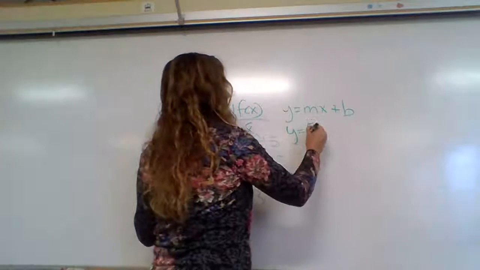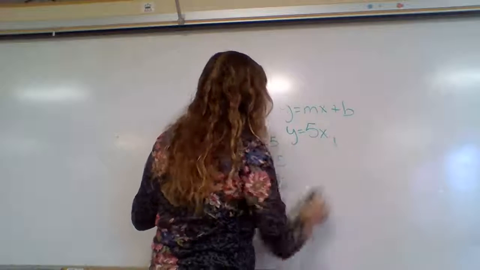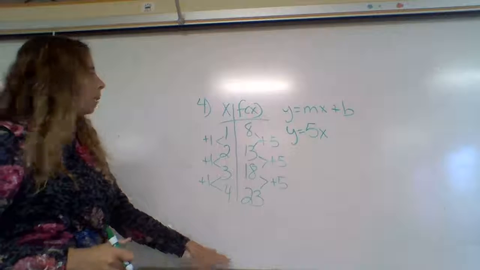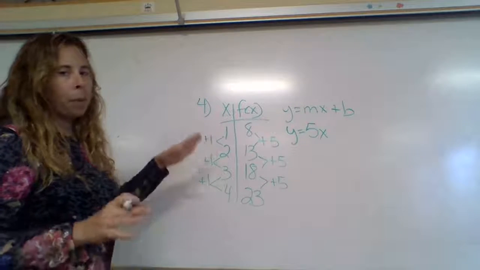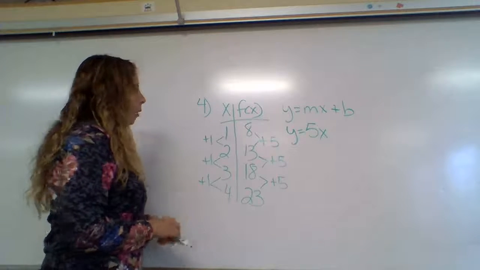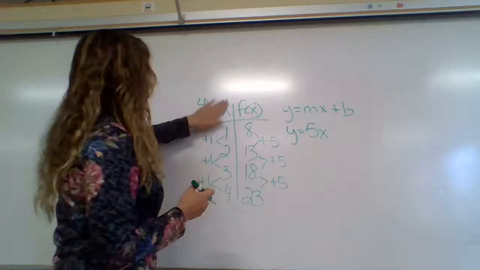So I have 5x. Oh, not plus yet. B is your y-intercept. I don't have my y-intercept in the table. Couple ways you can figure it out. For me, I like to do the pattern backwards. So my y-intercept is when x equals 0.